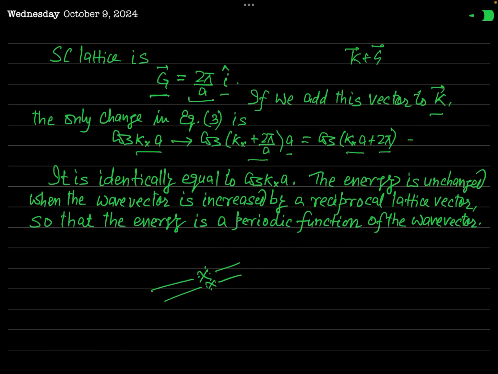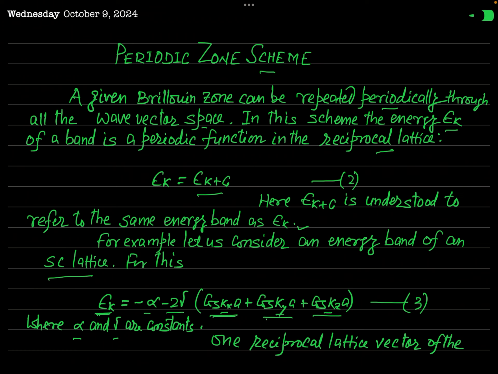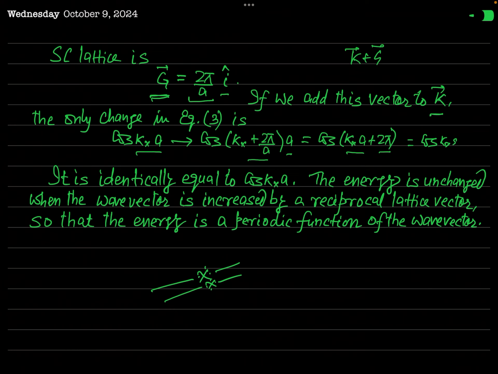But cos of kxa plus 2 pi is simply cos kxa. So you can see that adding this vector g to the vector k does not change the values of cos kxa, cos kya and cos kza. And as the values of these three numbers will not change, there will be no change in energy epsilon k. Okay. So the energy is unchanged when the wave vector is increased by the reciprocal lattice vector.